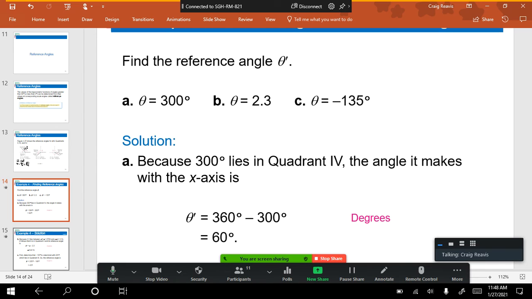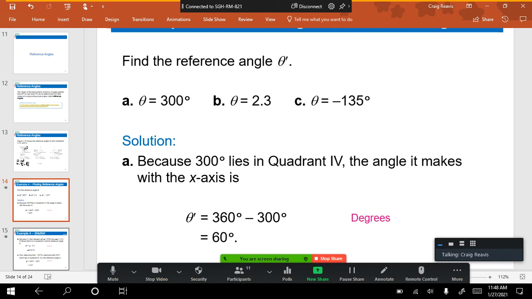So they want, let me write this on this whiteboard. It'd be easier for me to... they want 300 degrees. They want 2.3. And they want negative 135 degrees.